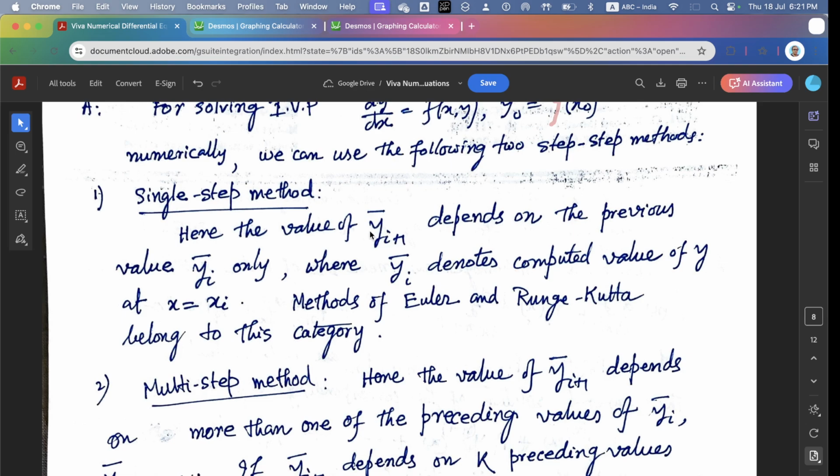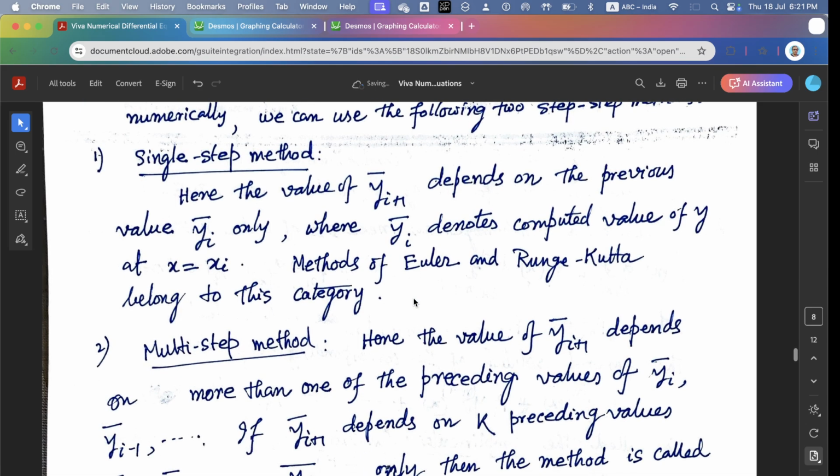So if the value of y(i+1) depends only on the previous value y(i), then the method is a single-step method. Euler's method and Runge-Kutta method are all single-step methods.